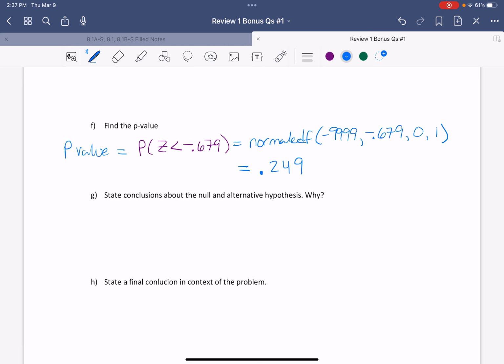So, state conclusions about the null and alternative hypotheses. Remember, in general: do you reject or not reject the null? Do you support or not support the alternative? And why? Let's first start off with the why. So our p-value, I'm going to rewrite it in percent form, is 24.9%.